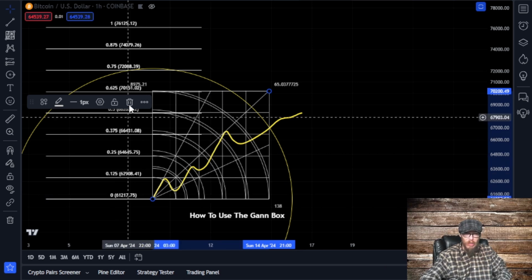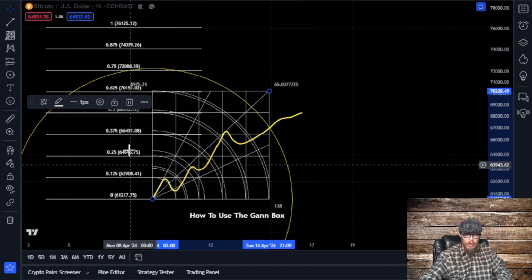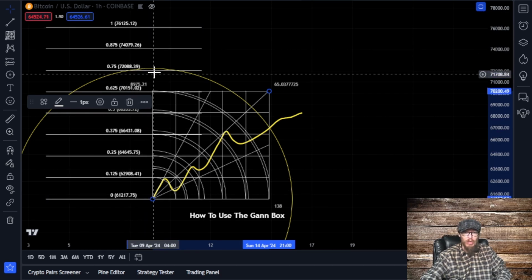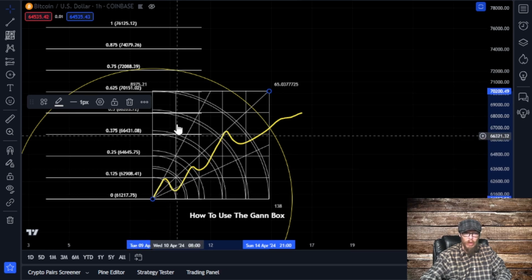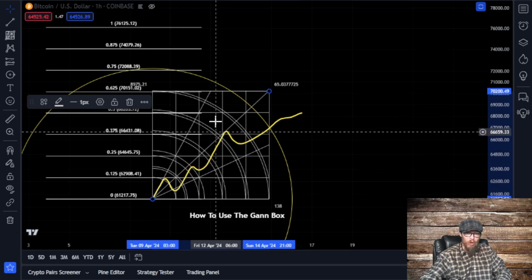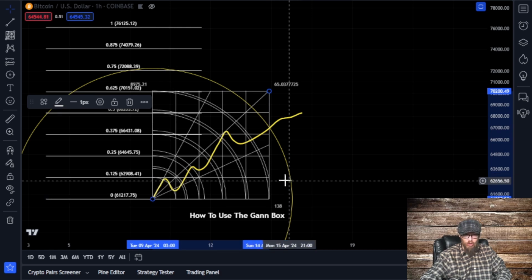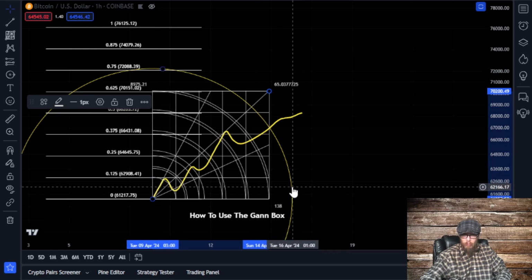So, I mean, you can see here I've set my fib tool at 1/8 increments for the octave method. Why? Because they're all equally spaced, just like in this Gann square. This grid is all equally spaced. And then we're adjusting it, left to right, to match up here.